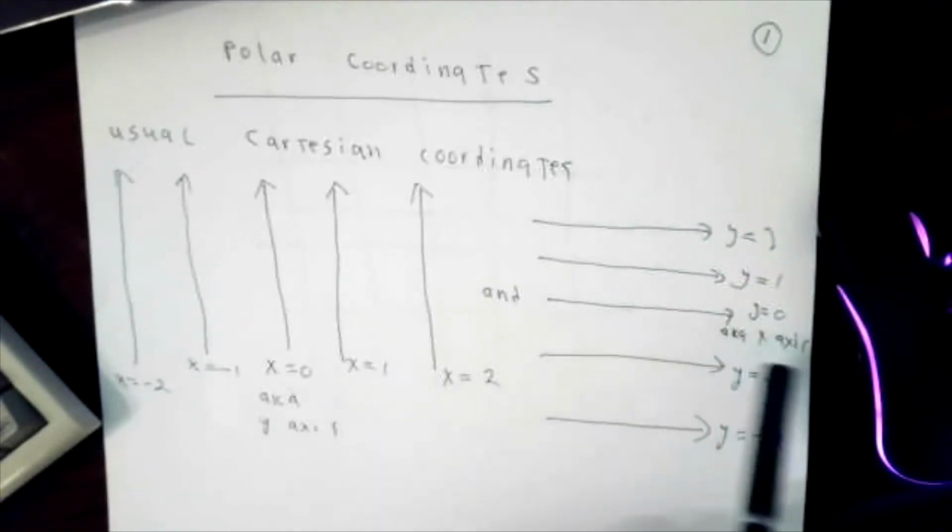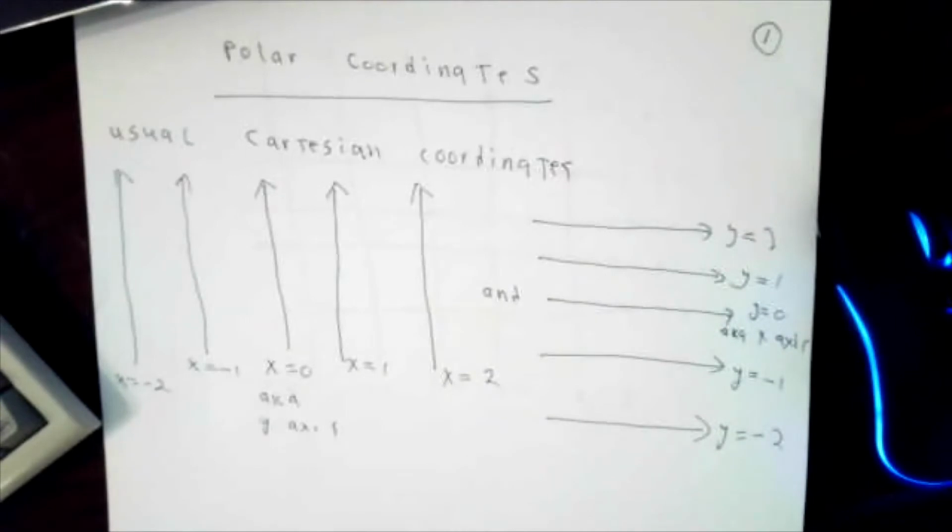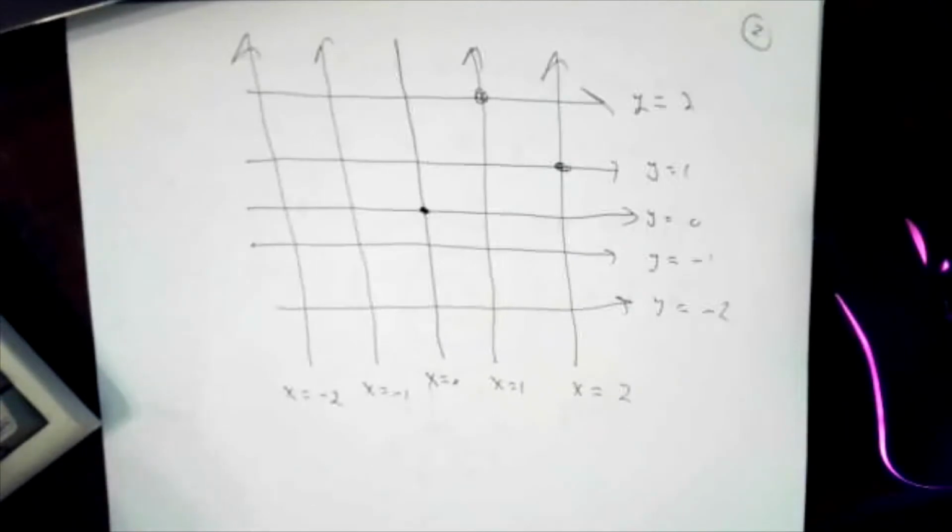Likewise, you could make up a horizontal line and call it y equals 0, which is usually known as the x-axis, y equal 1, y equal 2, y equal -1, y equal -2, and so on and so forth. And drawing all of this stuff in on one picture, we get the usual Cartesian coordinate system.